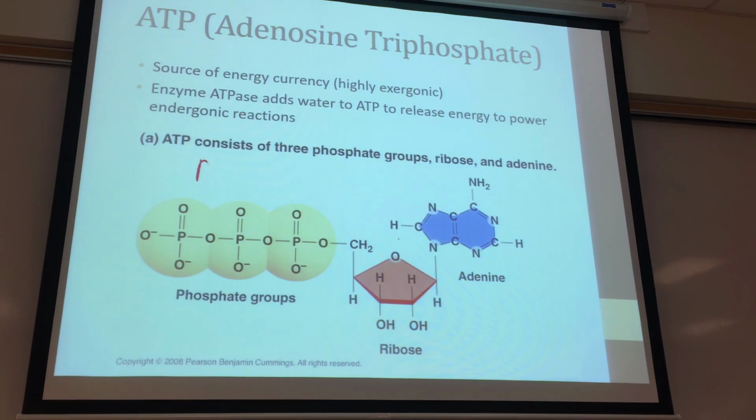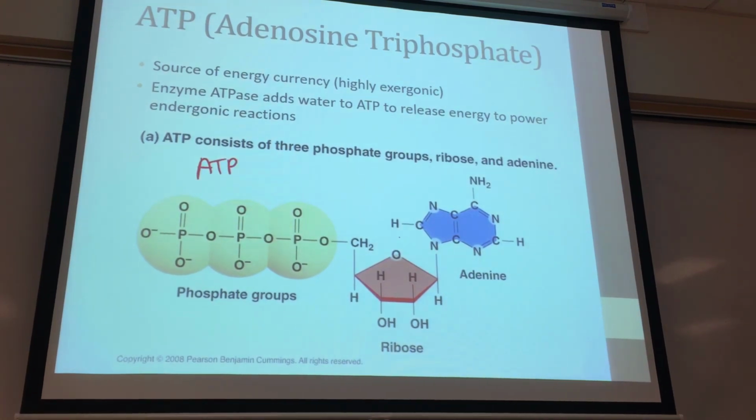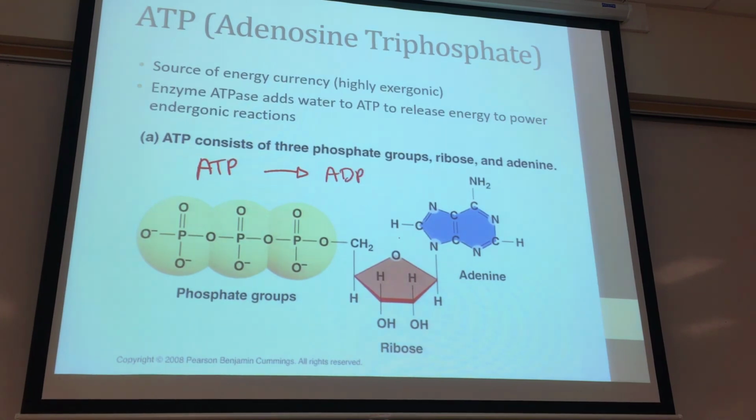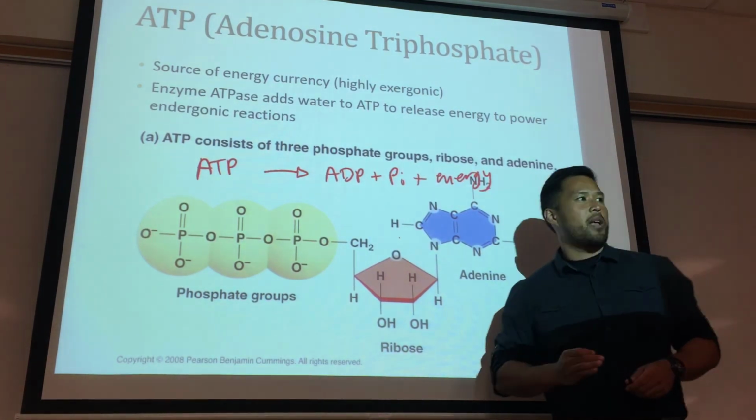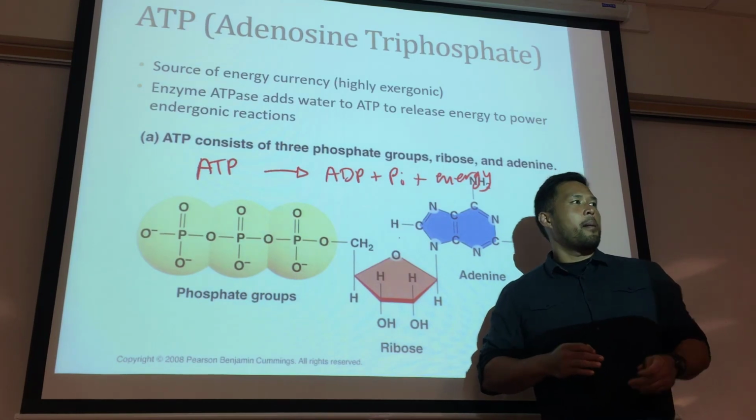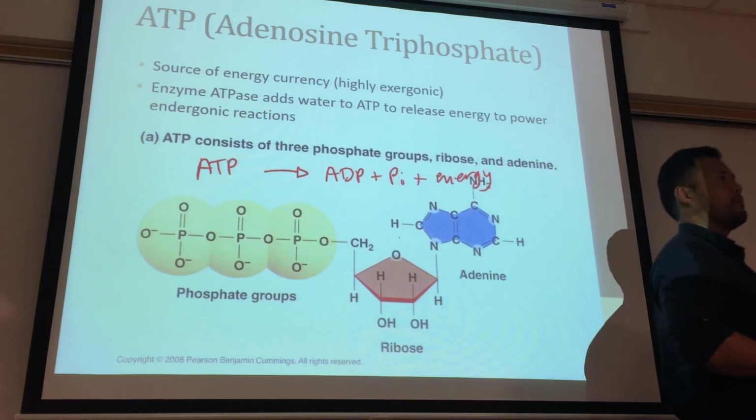We take ATP, break off a phosphate group, and we get ADP, adenosine diphosphate, plus your phosphate ion, plus, don't forget, this is an exergonic reaction, energy. Tons of energy that can be coupled to endergonic reactions, things such as building your protein.